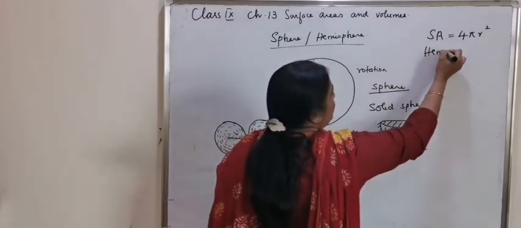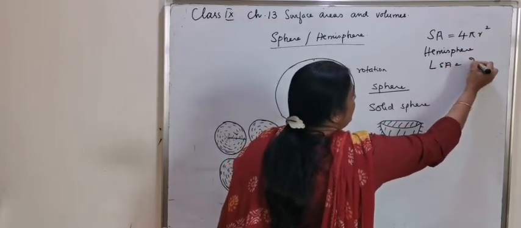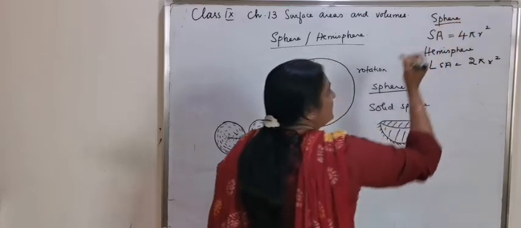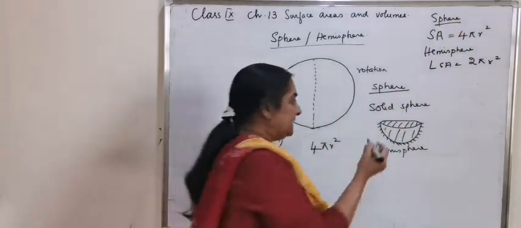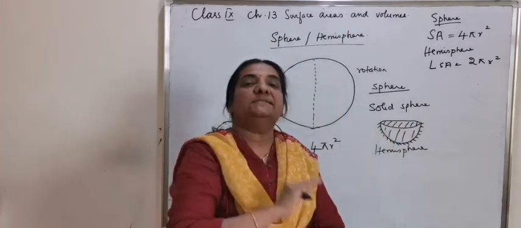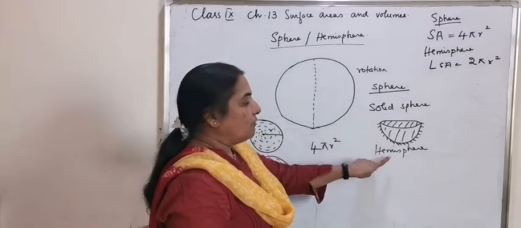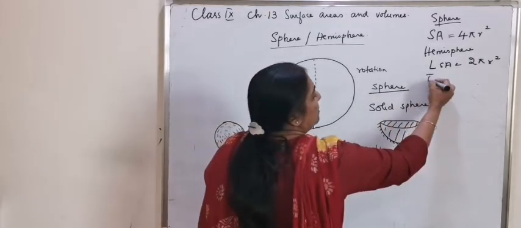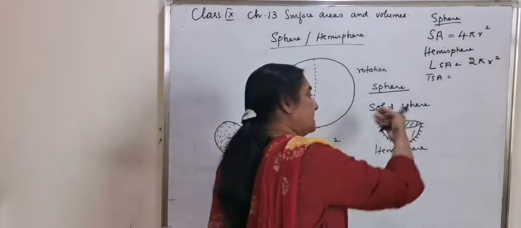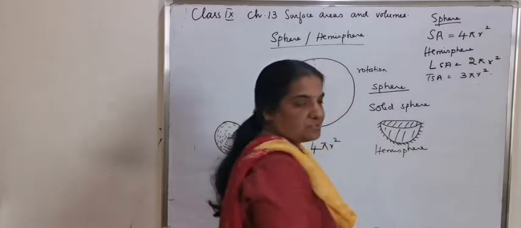So for a hemisphere, the lateral surface area will be 2 pi r square, and if you consider the top position, it will be another circular portion, which shows that the total surface area of a hemisphere is this 2 pi r square plus the pi r square on top, which will give you 3 pi r square.